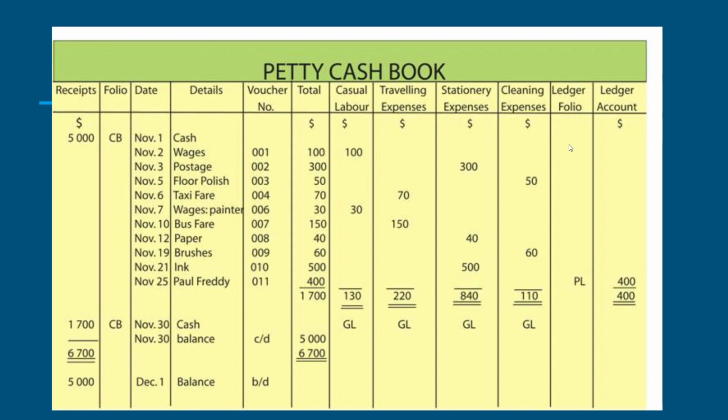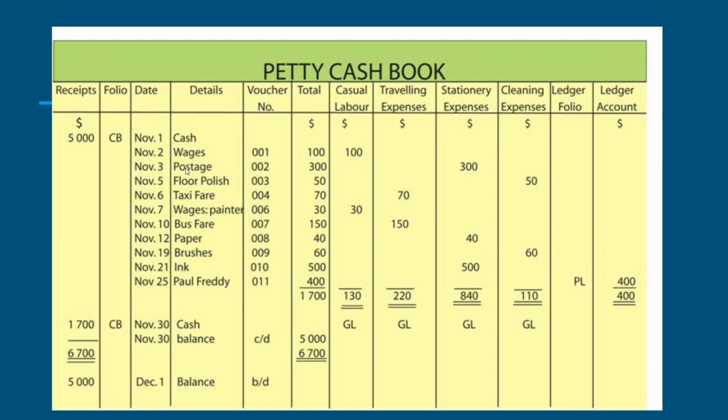And we always have this section. The reason for that is that sometimes the business owner doesn't write anything in the petty cash, so they don't know what's happening with the employees. When they see this classification of the expenses, they know exactly what's going on.